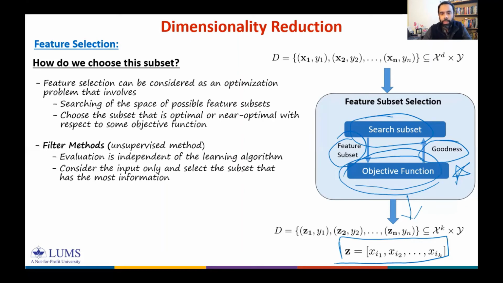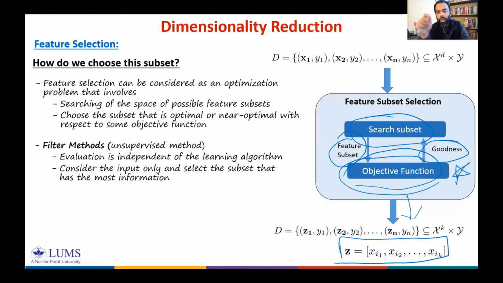For example, if you're using KNN for classification, or logistic regression for classification, these filter methods do not take into account the classifier. So you only consider the input, and using the input and the label, we select the subset that has the most information, or that is explaining the relationship between output and inputs.